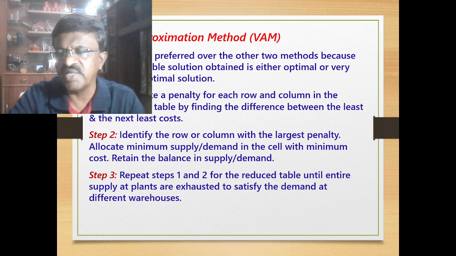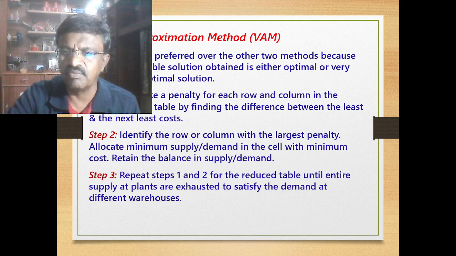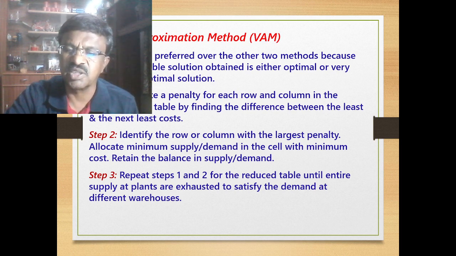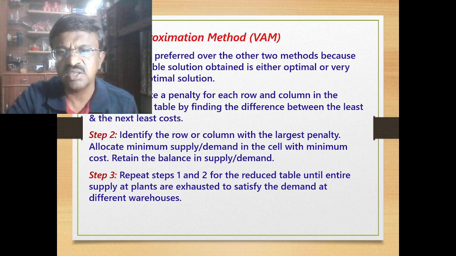You look for first column, second column, third column, etc. For example, in the first column, observe which is least one and next least one, find the difference, and mention it down. So that will give column penalties. So there are certain row penalties and certain column penalties. Totally, there will be a finite number of penalties.